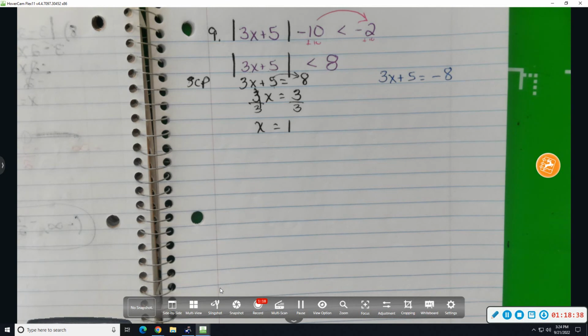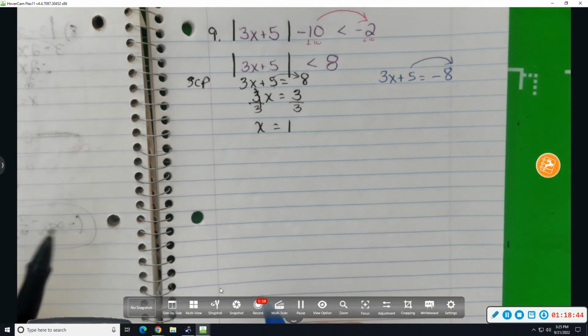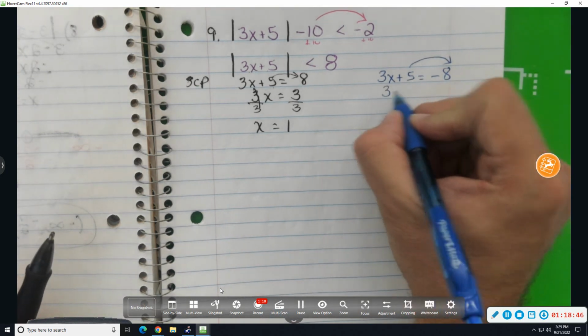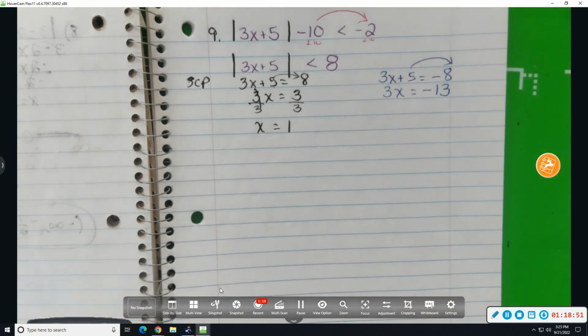What about the other cut point? Subtract the 5. Are y'all getting sleepy and tired? Only one more after this, so try to stay awake and we'll get it done.